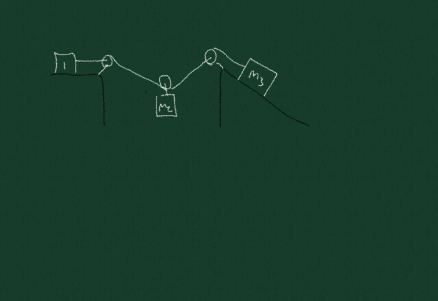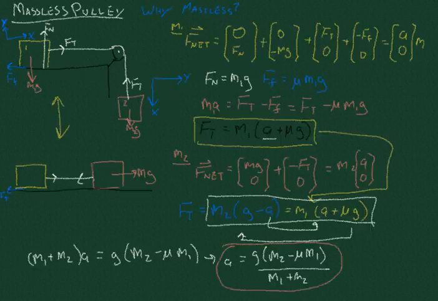This can be a much more difficult problem, and I've seen it before in the engineering section of this class, but it's really no different than the way you would solve the problem we just had. You would go back to summing the forces and setting up your net force equations, solving for the accelerations or the tensions, and in the end you would get an answer in the same exact way.